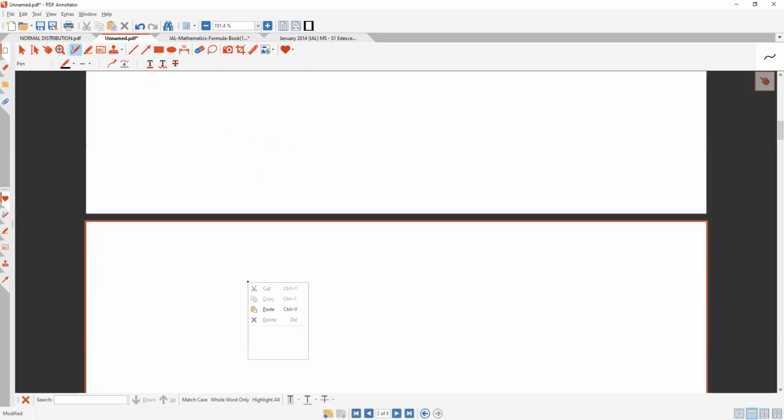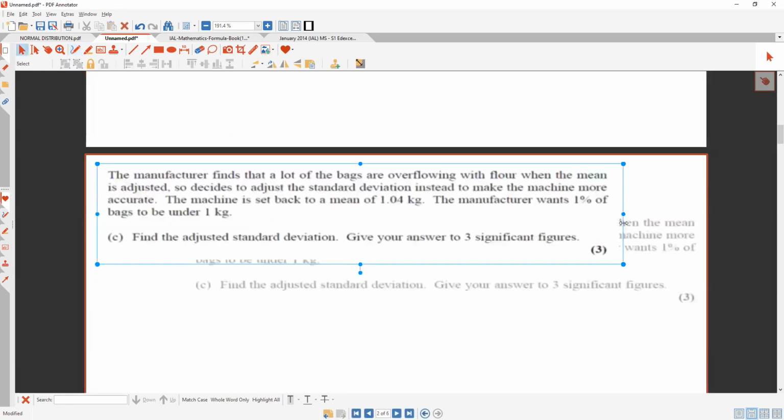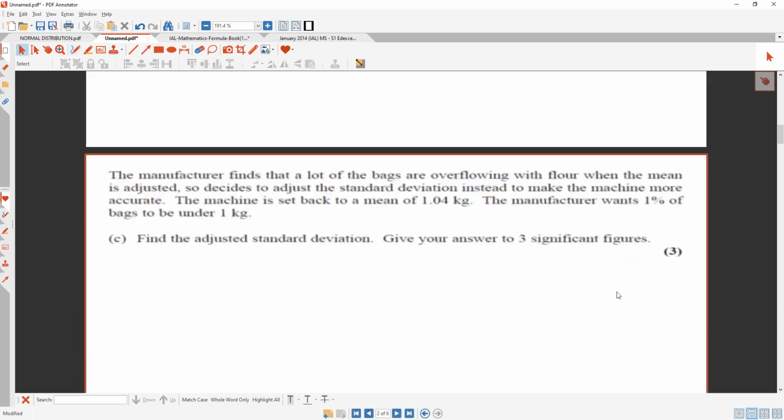So the manufacturer finds that a lot of bags are overflowing with flour when the mean is adjusted, so he decides to adjust the standard deviation instead, making the machine more accurate. Now the machine is set back to a mean of 1.04 kg. The manufacturer wants 1% of the bags to be under 1 kg.